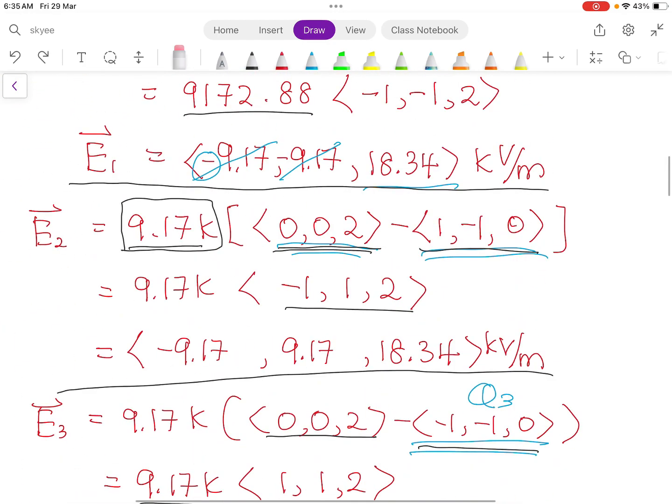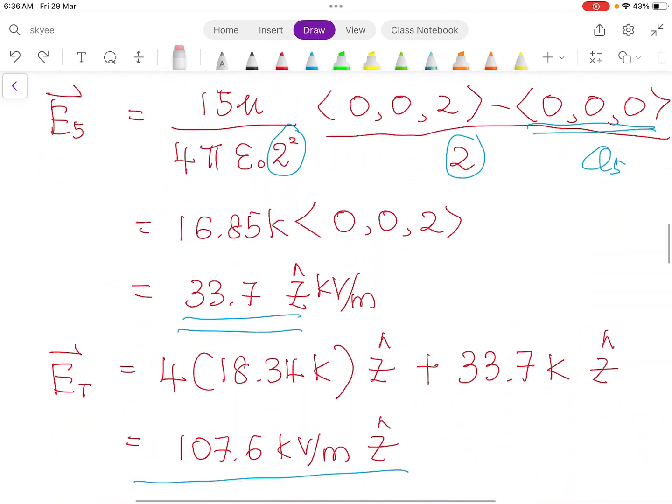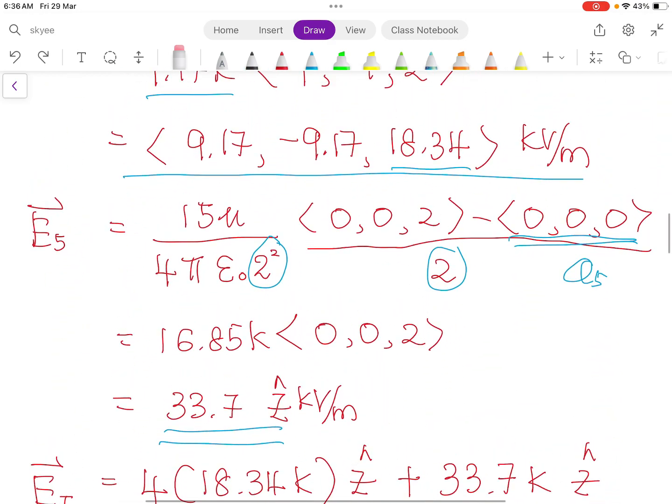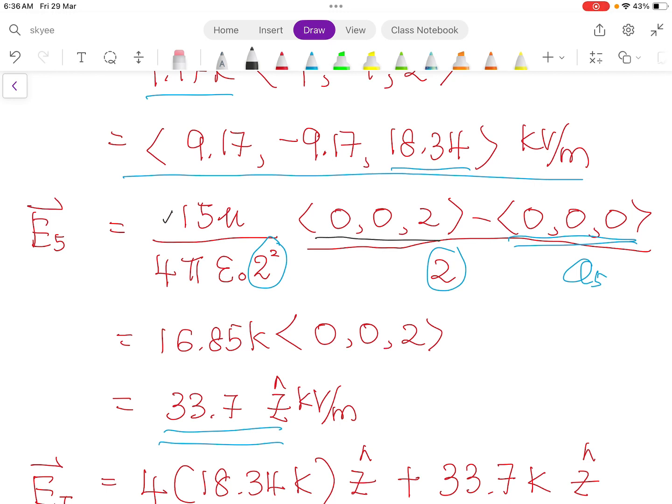So you have to calculate it yourself for E5. Putting in the value of Q5, and here you have the observation point, putting in the coordinate of Q5. Then you get the distance, and then you get the final answer, 33.7, only in the Z position.